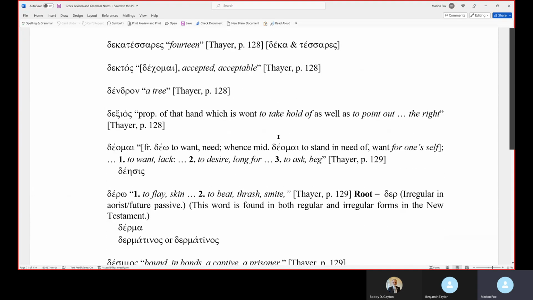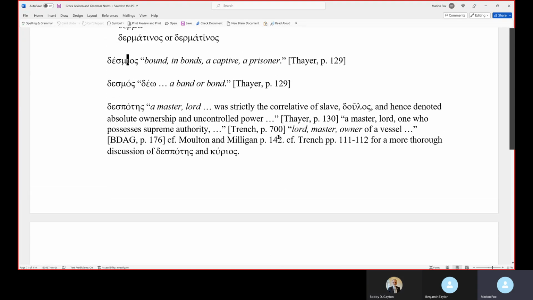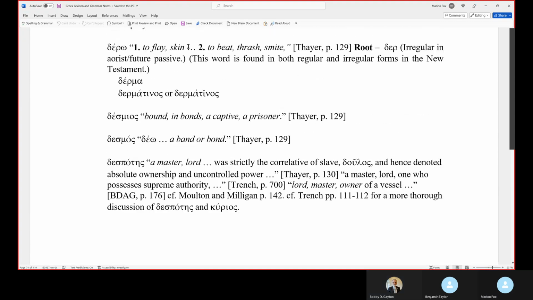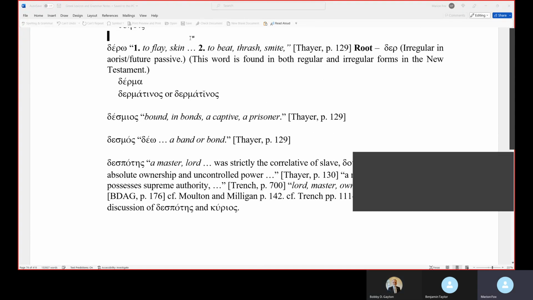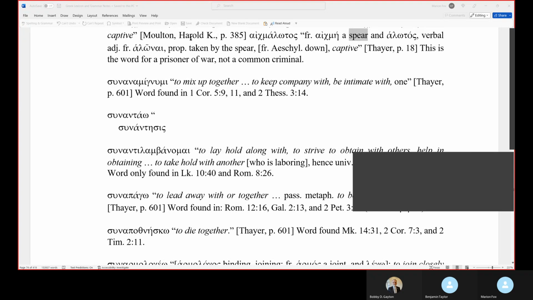Desmios, pro sigma, desmios. A captive, a prisoner. Okay, that's not one taken by spear. Okay. I'm going to do a search for spear. That's probably this one right here.